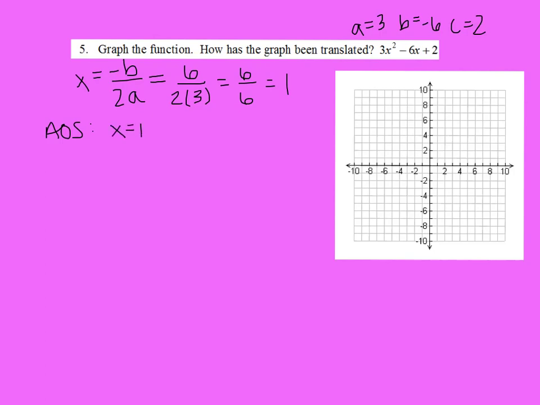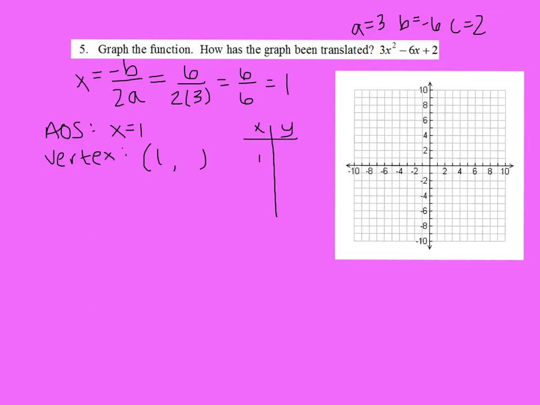Now that also gives us some information about our vertex. That tells us that our vertex is 1 comma something. And to find that something, we have to plug 1 in. So I'm going to plug it into this right here.